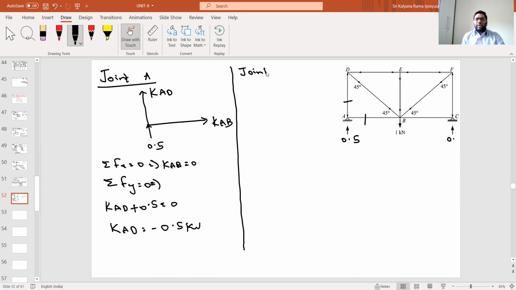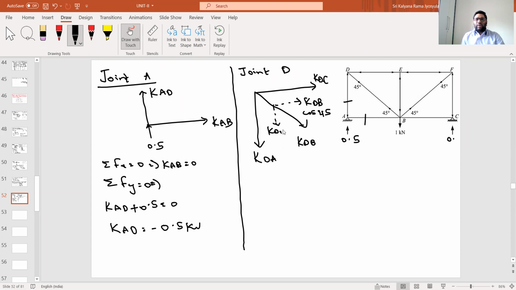Now let us take joint D. Same process, whatever we have done before. KDA, KDB, KDC. Resolving KDB into KDB cos 45 and KDB sin 45.